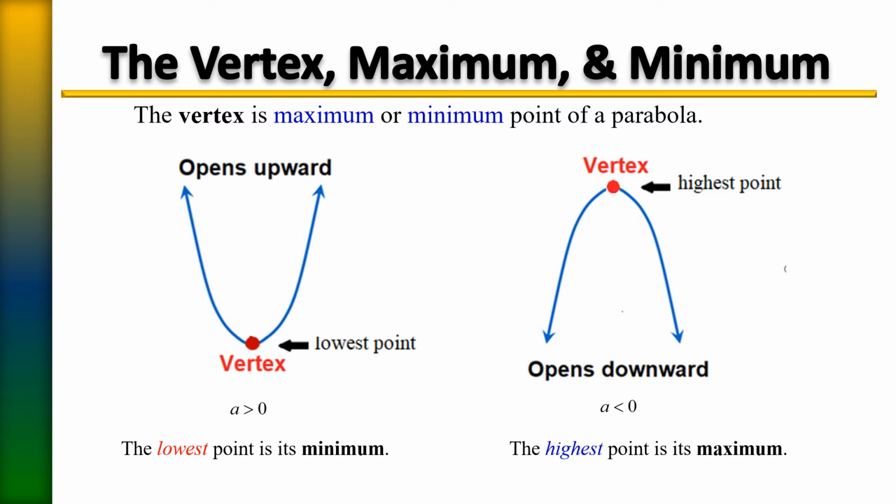If a is greater than 0, a positive, it opens upward and you have a minimum. However, if a is less than 0, a negative, the parabola opens downward, and you have a maximum point.